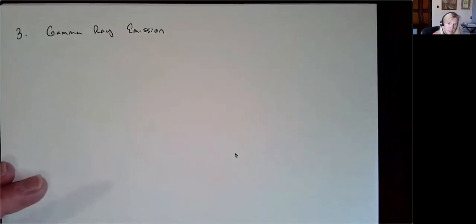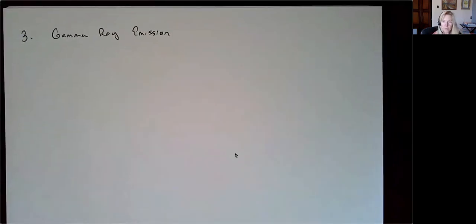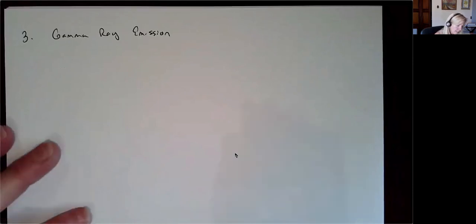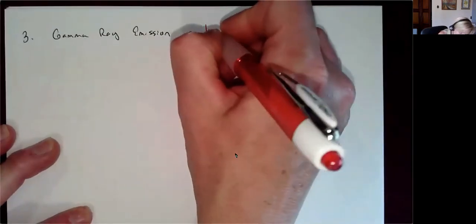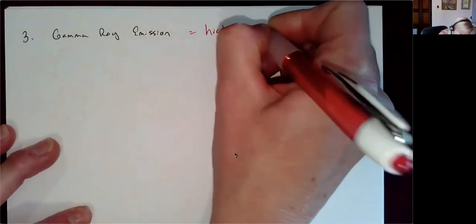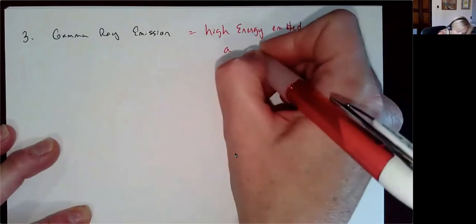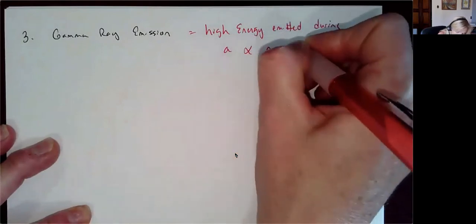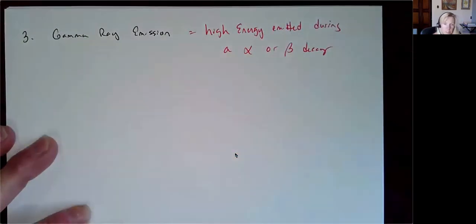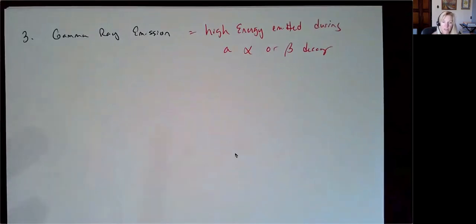So our third one is gamma ray emission. Gamma ray emission is going to be different from alpha and beta particles in that there isn't a particle being emitted. This is just the energy. So this is high energy that's going to be emitted during an alpha or beta decay. Oftentimes you'll see gamma also coming off with an alpha particle or a beta particle.